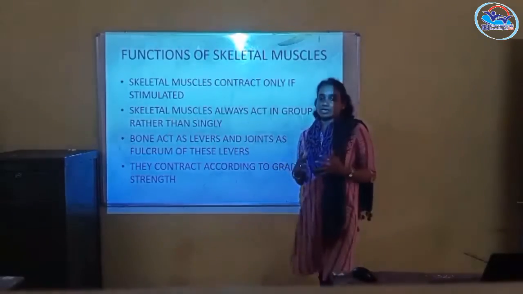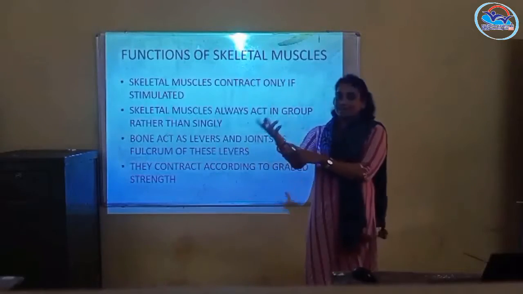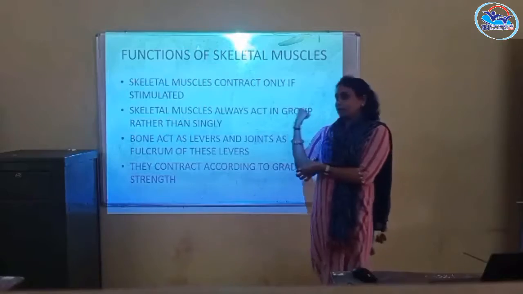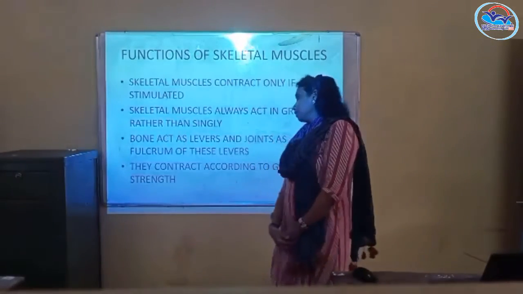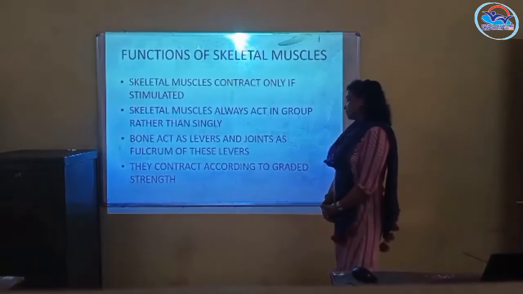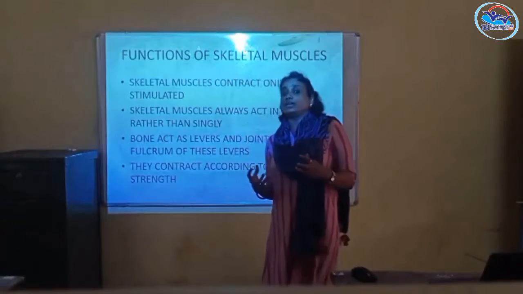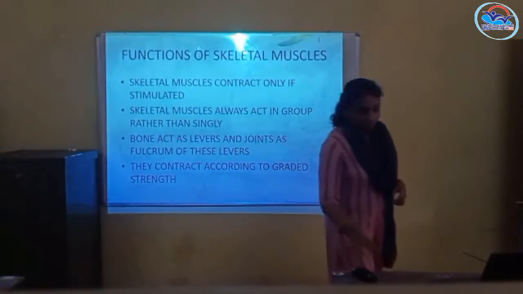There are first class, second class and third class levers. So here bones act as levers and joints act as fulcrum for any movement. And the skeletal muscles contract according to a graded strength. That means when we get a graded strength, then only these muscles contract.